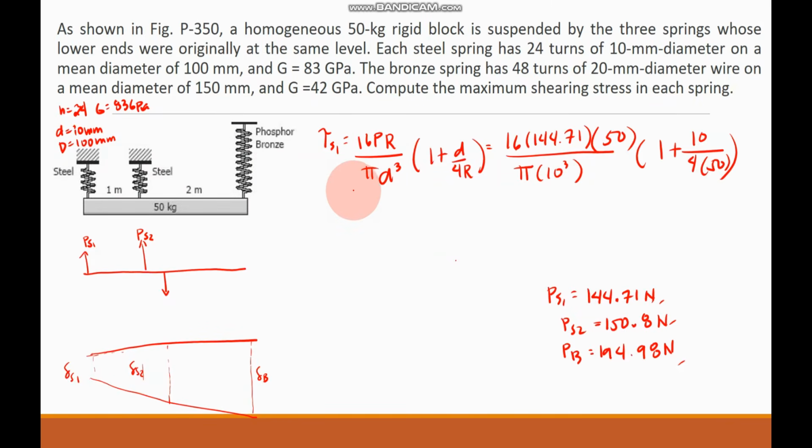So the shearing stress for spring 1 is equal to 38.7 megapascal. So this is our shear stress for spring number 1.